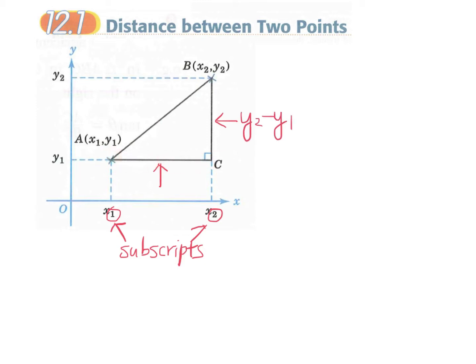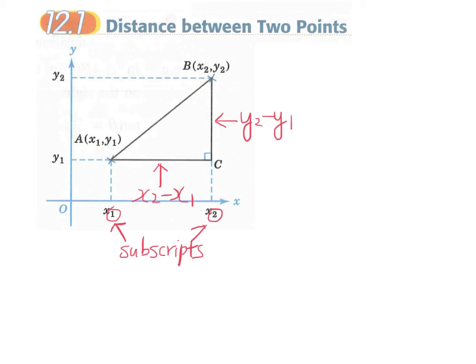And for AC, we can imagine the x-coordinate of point A is x1. That is, point A is at a distance of x1 from the y-axis. From here to here, the distance is x1. And from here to here is x2. So therefore we have AC equals x2 minus x1.